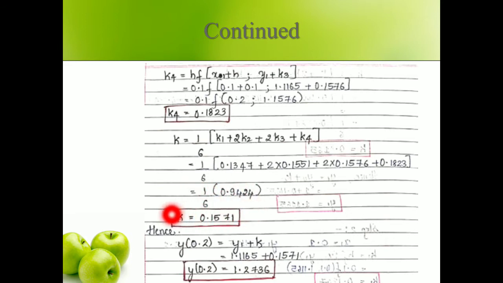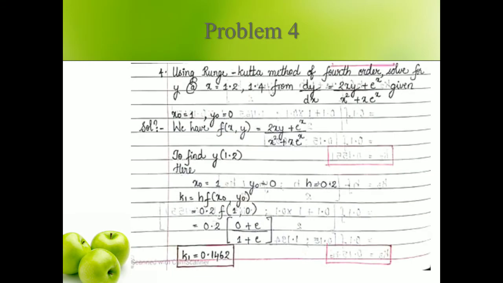Once you get the k value, y of 0.2 will be equal to y1 plus k. y1 is the value at x equal to 0.1, what we have got, 1.1165. Add this k value, that is 0.1571. We get the y value at x equal to 0.2 as 1.2736.